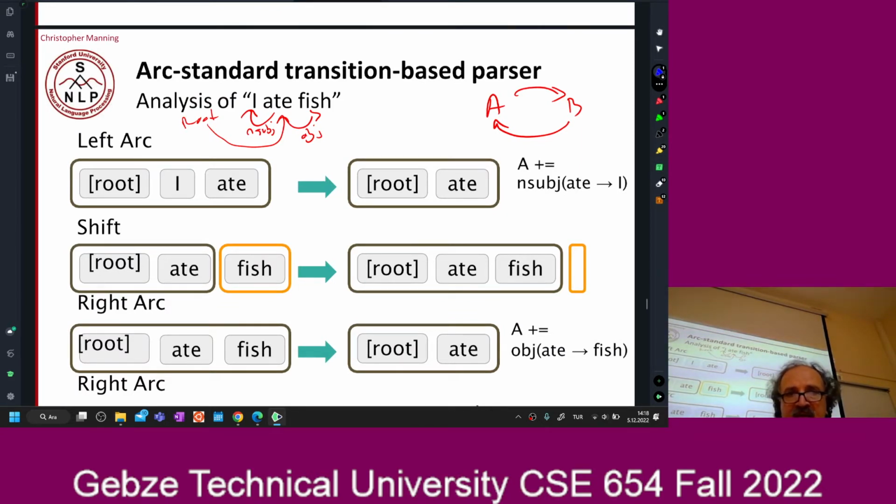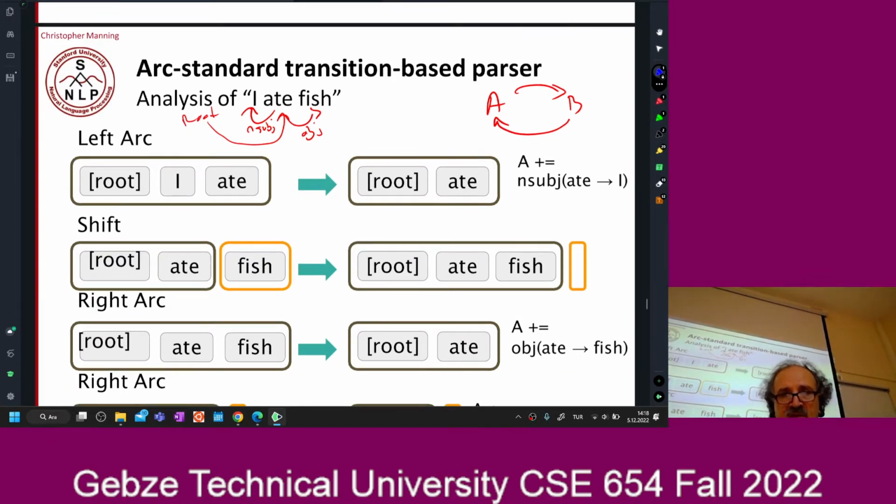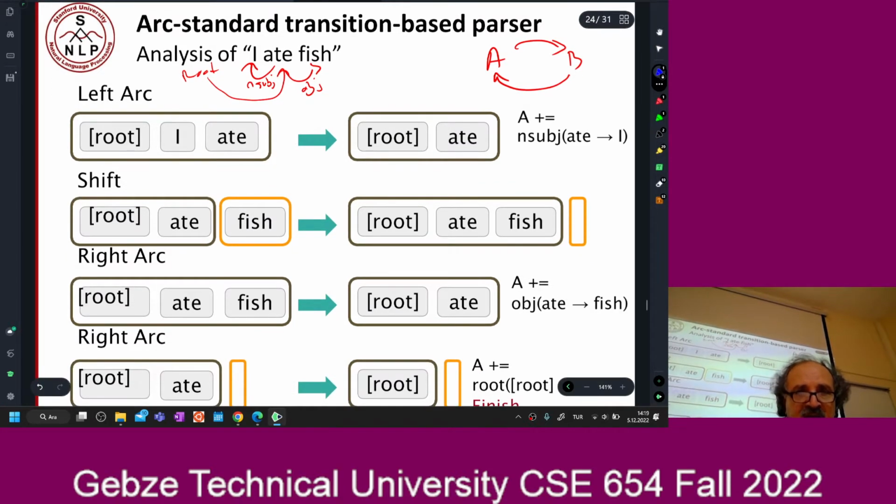I kept "ate" in my stack, and I took "I" out. "I" is a dependent of "ate". There might be more than one dependent of "ate", so I am keeping "ate" in the stack. In this case, all I have in my sigma is "ate", and in my buffer "fish". I am doing shift again, and "ate" and "fish" is going to do a right arc. What is the difference between left arc and right arc?